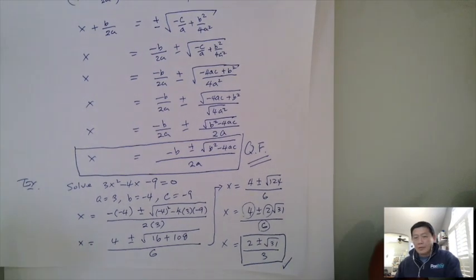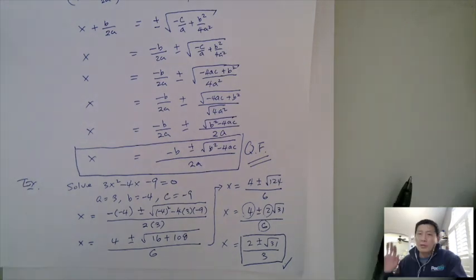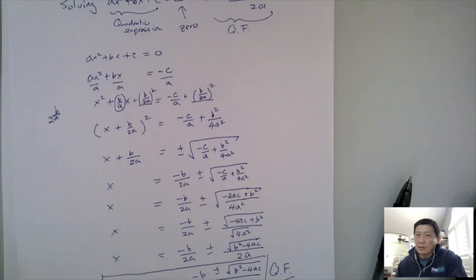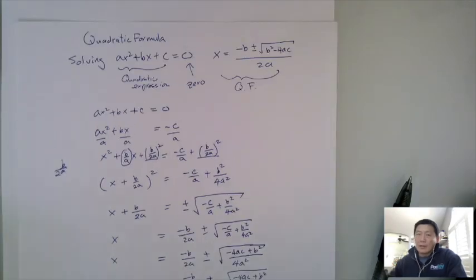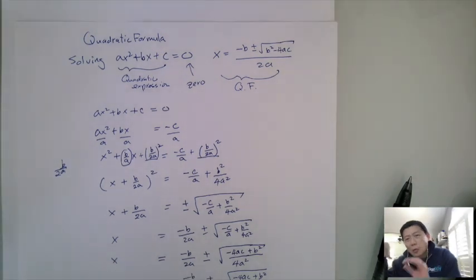Okay? So here ends this particular short lesson on the quadratic formula. I just want to use this short video to give you a quick view on the origin, the way we come up with this quadratic formula.